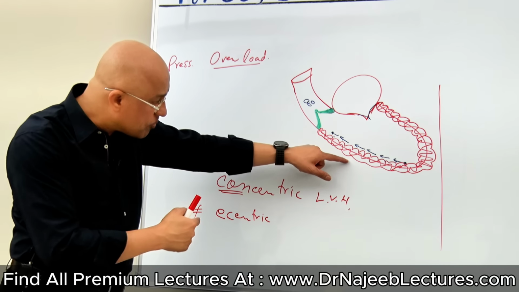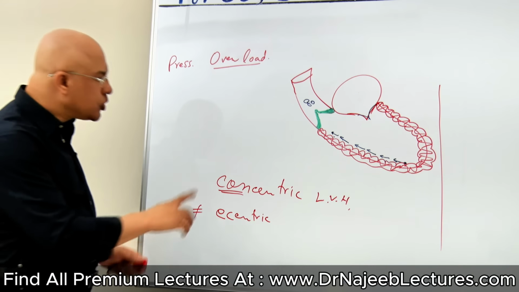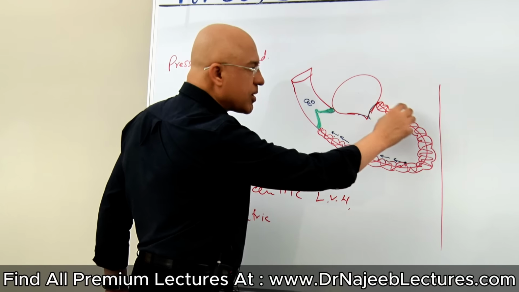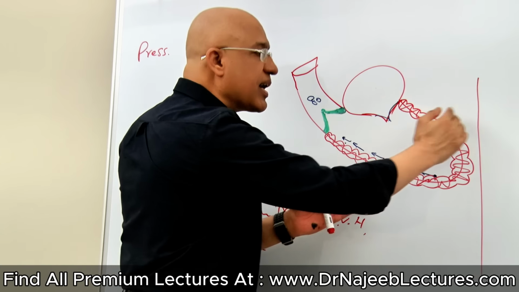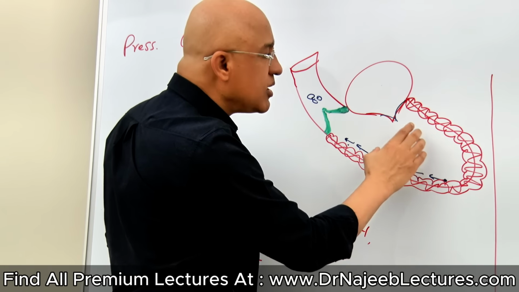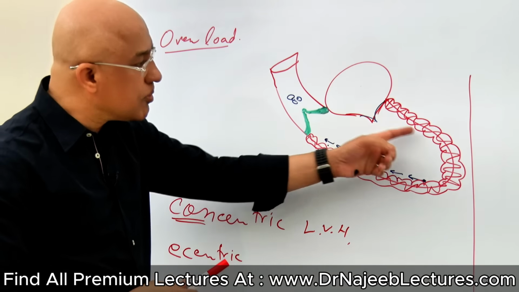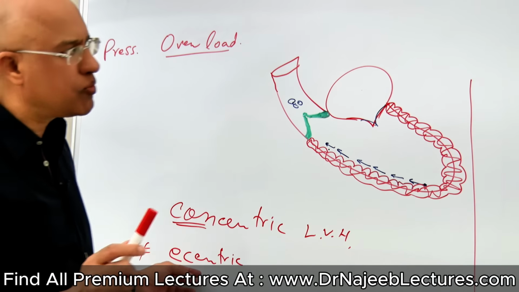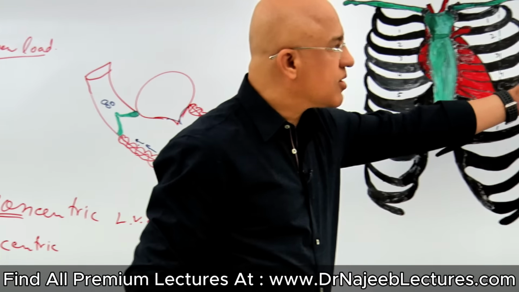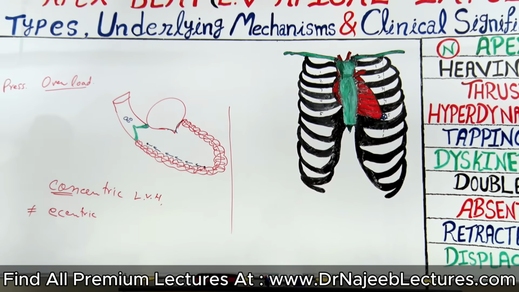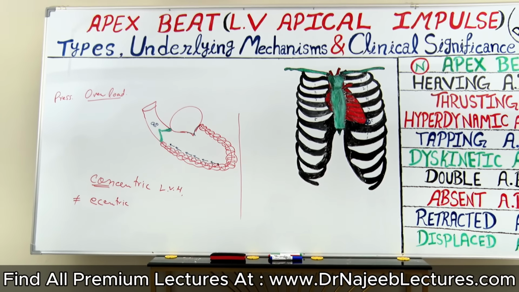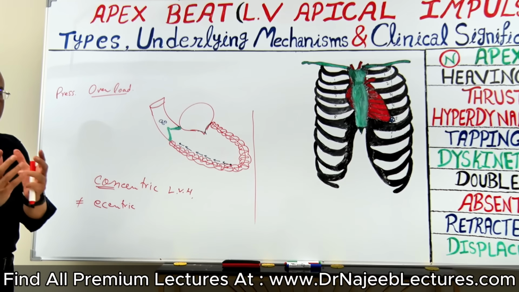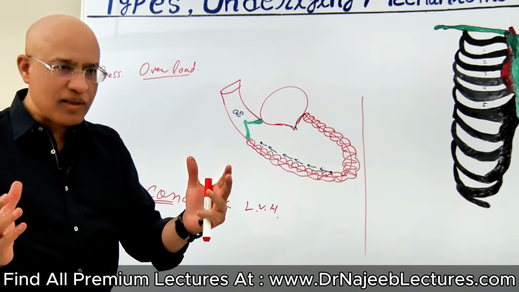And I go back: in these conditions, usually there is concentric left ventricular hypertrophy, in which the left ventricle becomes thick, but there is no significant dilation and no significant change in the volume of the left ventricular lumen. But in some other conditions, as we will discuss later, in thrusting apex beat or some diseases where hypertrophy occurs, the left ventricle also dilates. If the left ventricle dilates, what will happen?